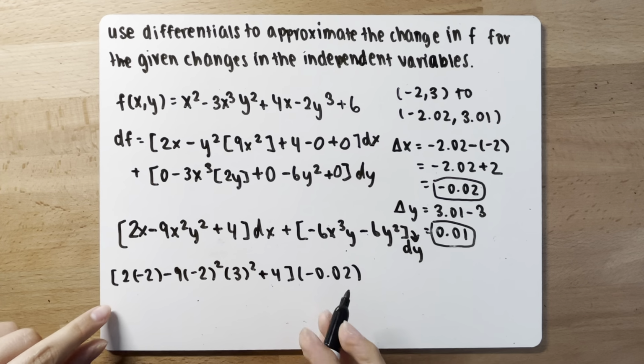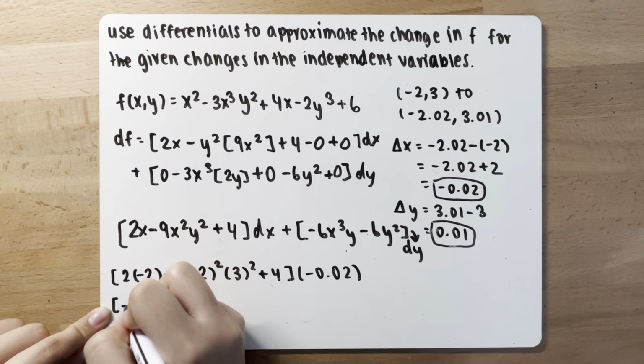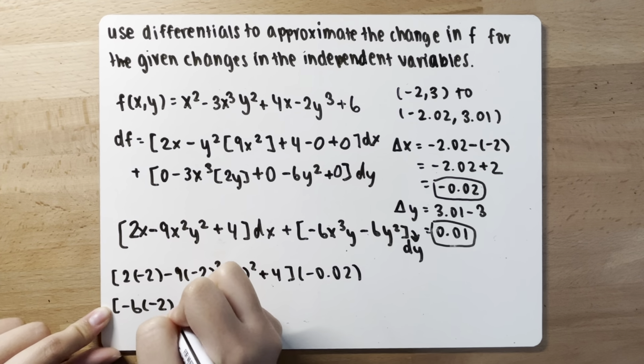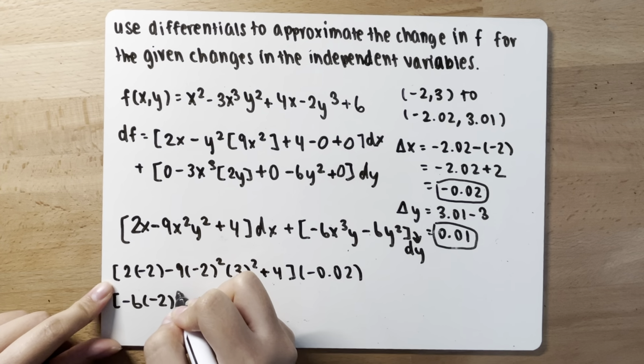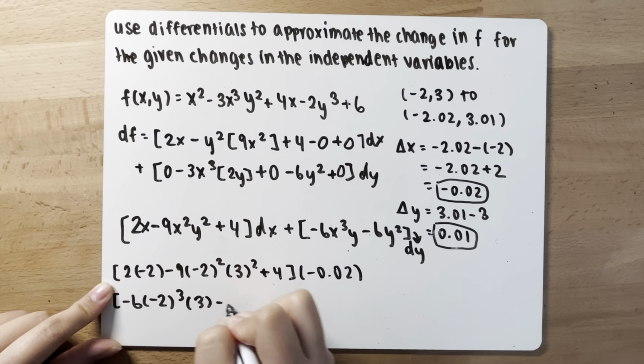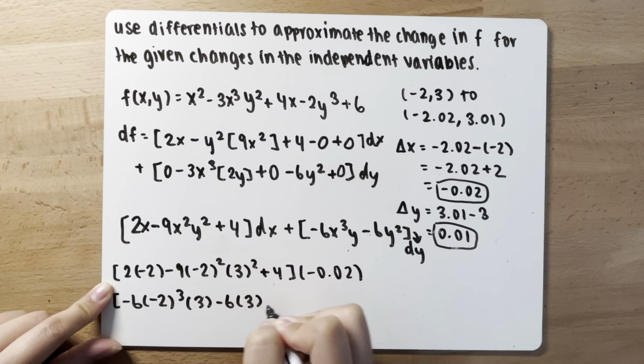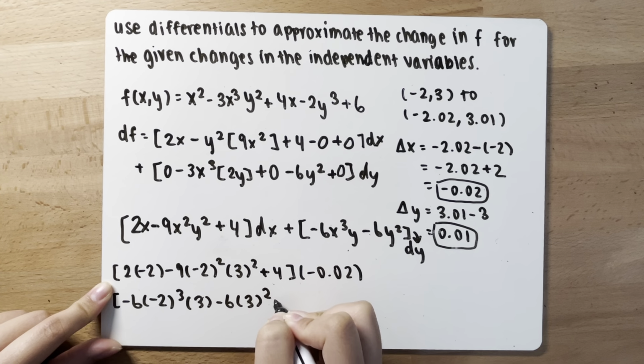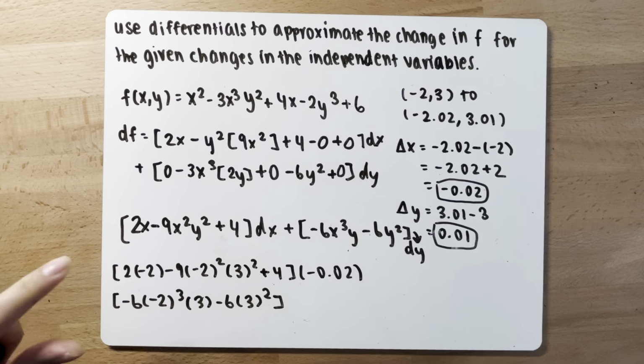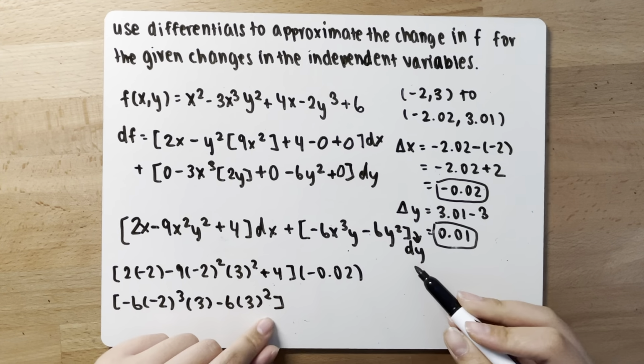Now, for y, it would be -6 times -2 cubed times 3 minus 6 times 3 squared times dy, which we know is 0.01 because that's the change in y.